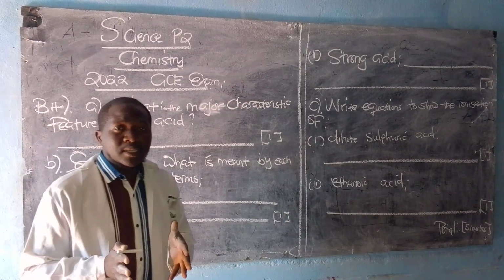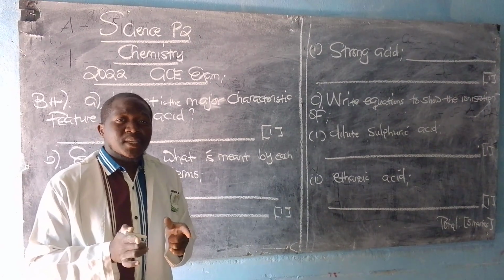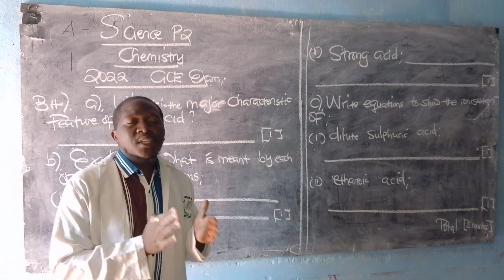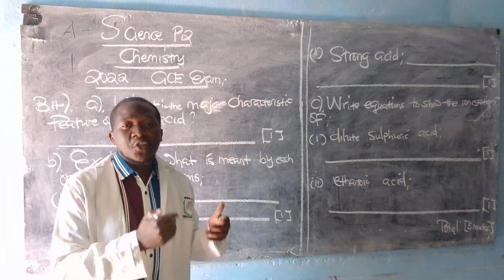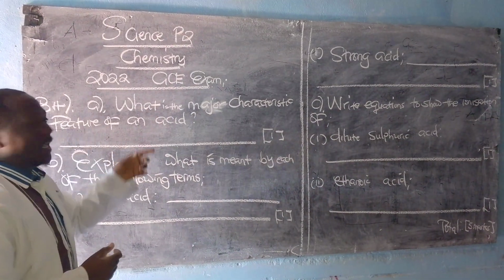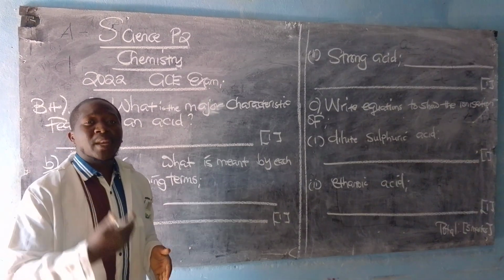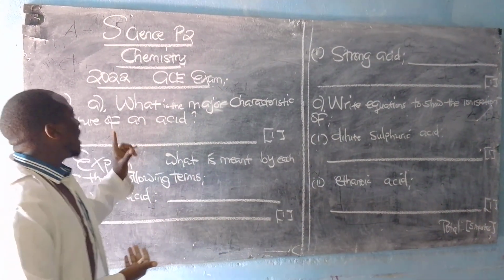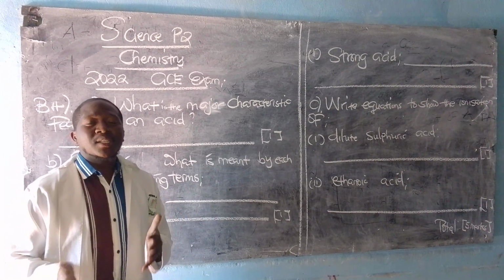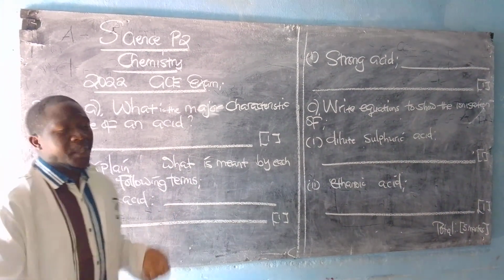Since an acid always produces a proton or hydrogen ion when dissolved in water, the major characteristic feature of an acid is the ability to donate a proton, or the presence of hydrogen ion.